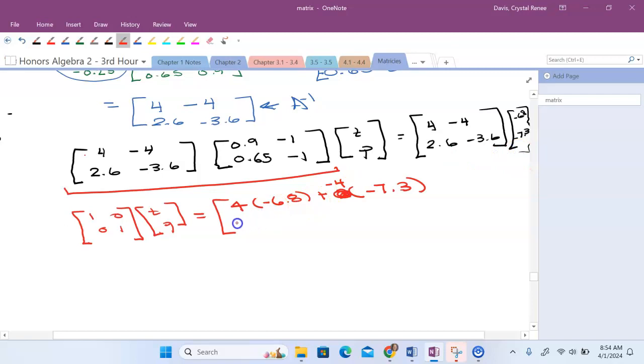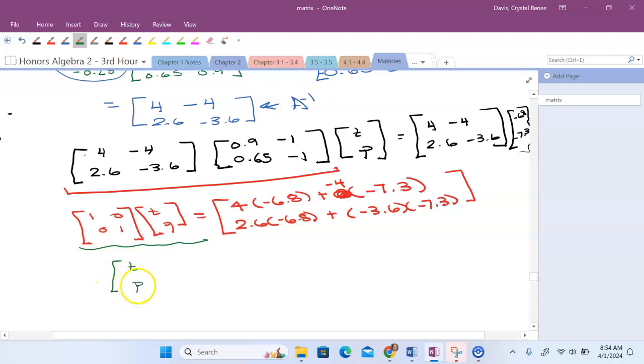And this here is going to be 2.6 times negative 6.8 plus negative 3.6 times negative 7.3. Well, guys, when I multiply by the identity matrix, it's just itself. So this is just my T, P equals.